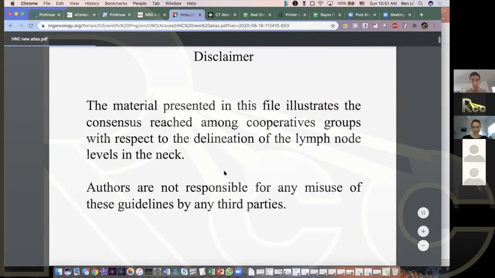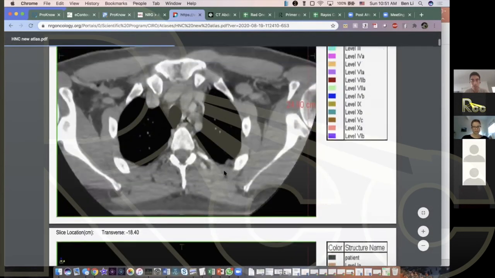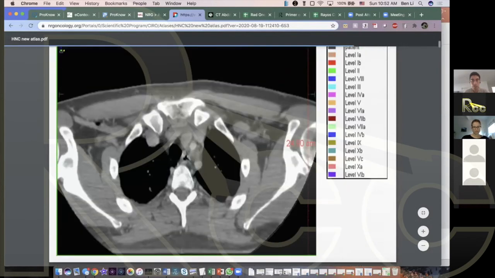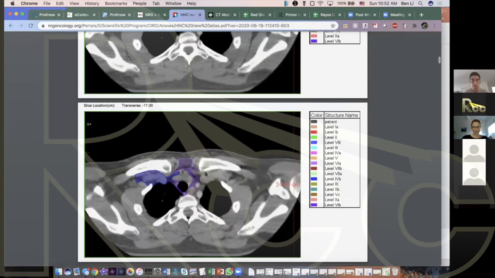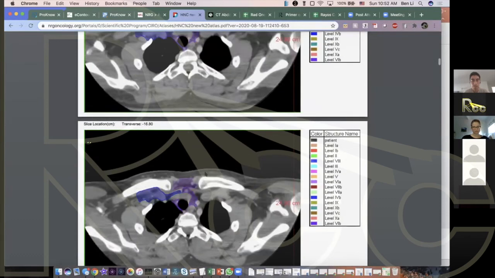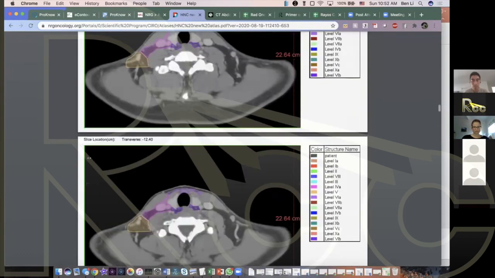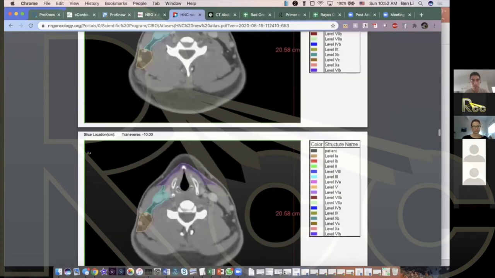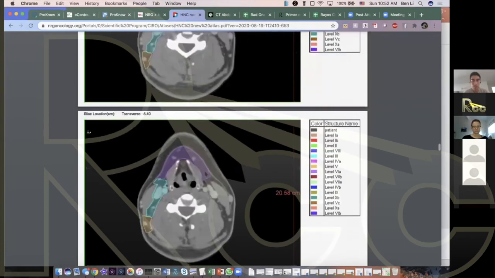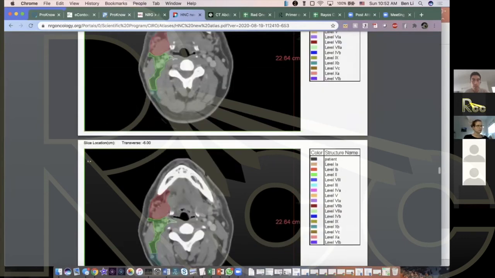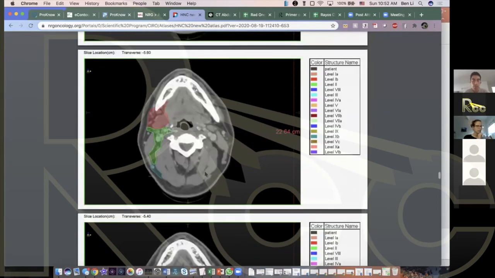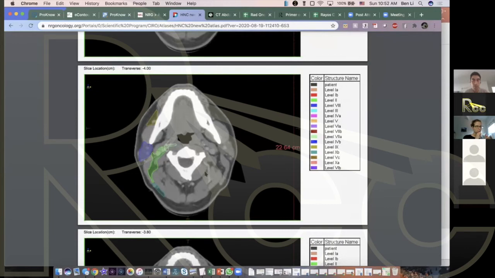You can see how they contour all the different lymph node stations. It takes you slice by slice. You can spend lots of time here, but it really provides everything you need, at least for these lymph node stations. I used this a lot when I was learning my head and neck contouring. It's very helpful, and they have it for other disease sites as well.